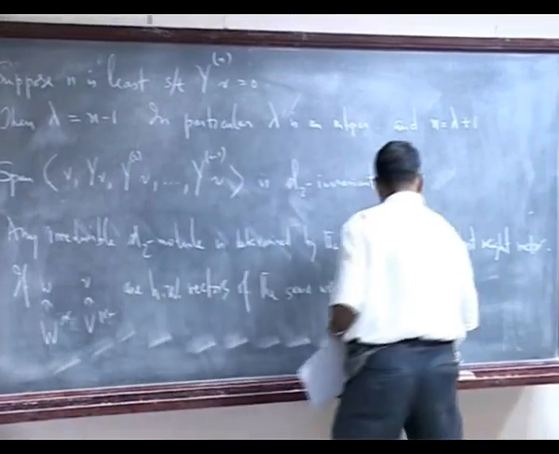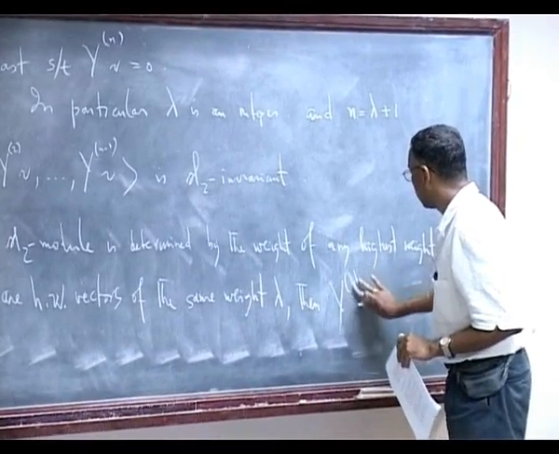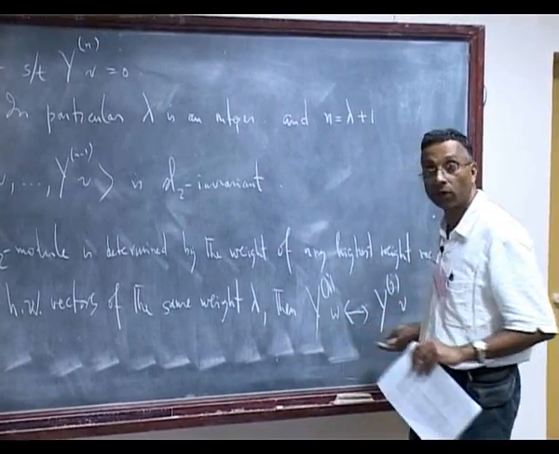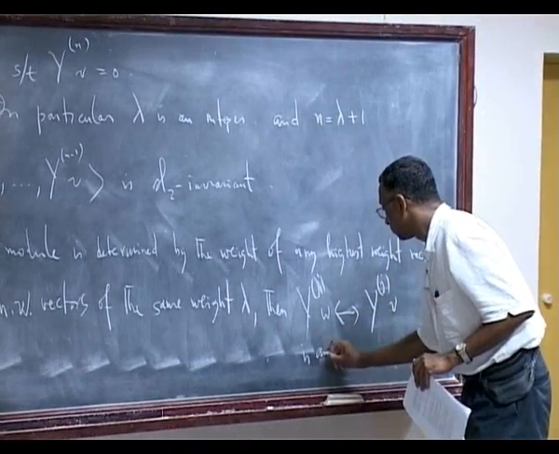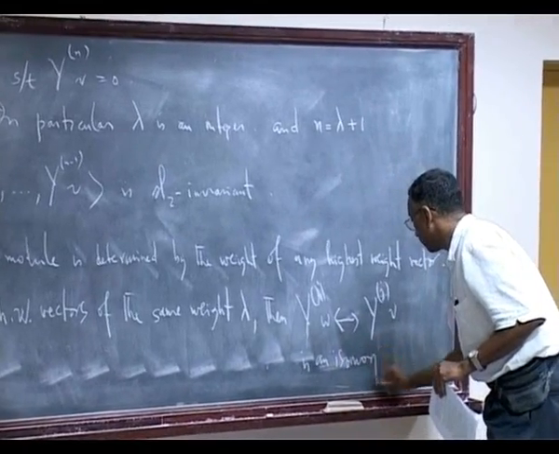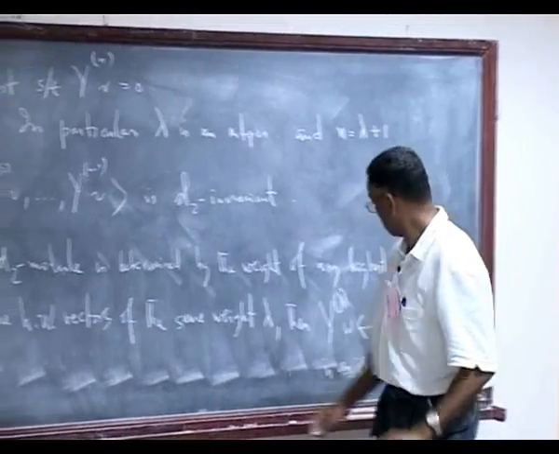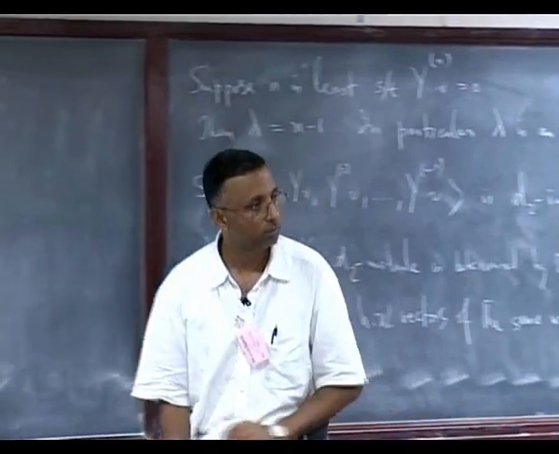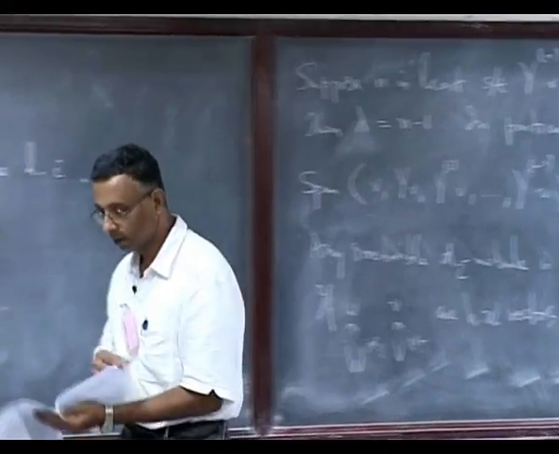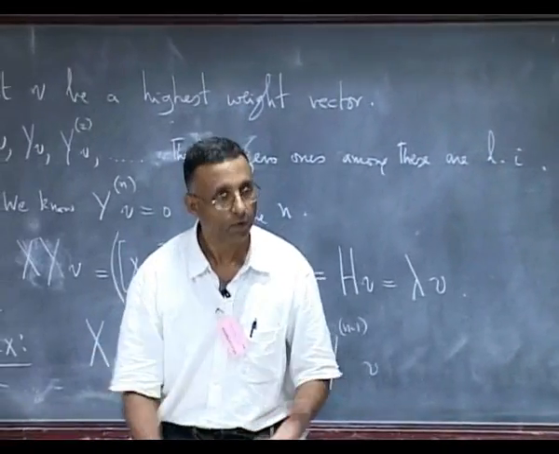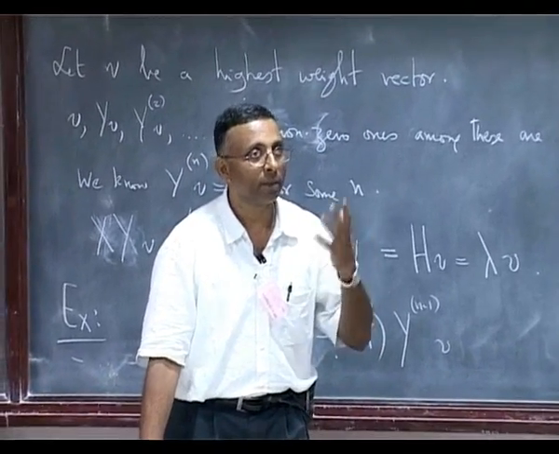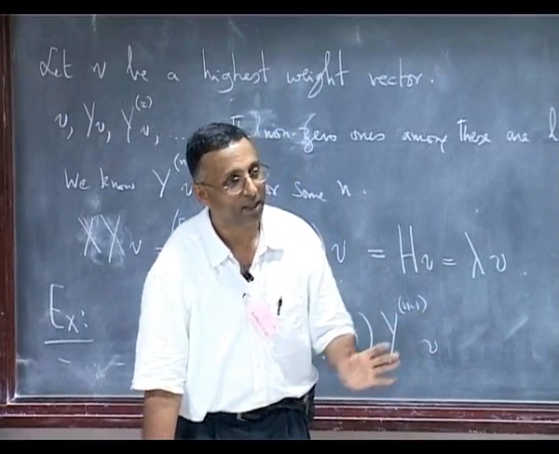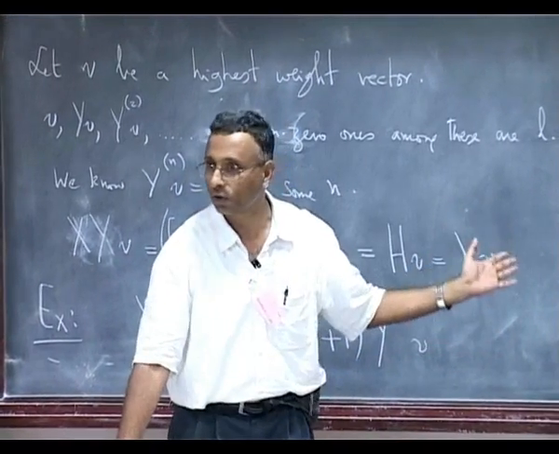And if you map y to the j W to y to the j V, this is an isomorphism, because you can just check that the actions of H and X and Y match. Okay? So we've proved the thing. And this is a baby version of all the theorems, or not all the theorems, but maybe to be safe, I'll say most of the theorems at least for the course. Okay?